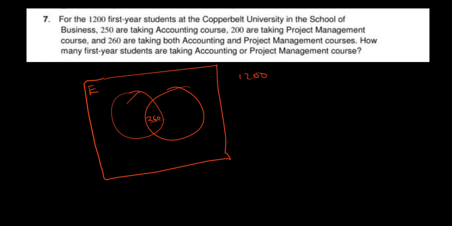So we are saying 250 are taking accounts, so I'll put A here, and this one I'll say P for project management. When you subtract, let me just get a calculator.